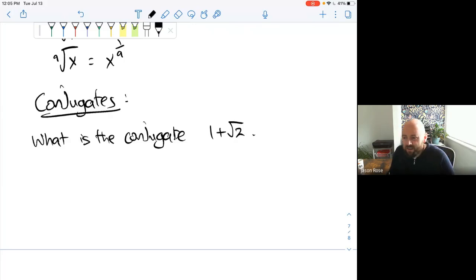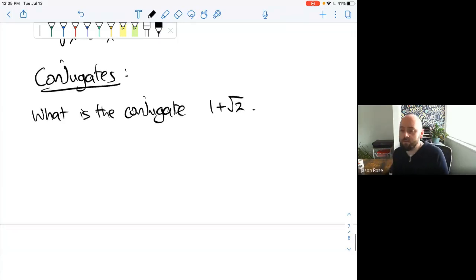Do we know what conjugates are? Can I get some yeses or nos? Oh, that's surprising. Okay, well, I'll go over this a little more slowly then.